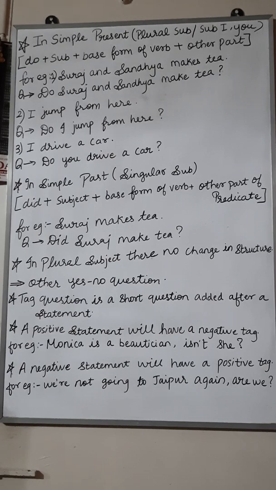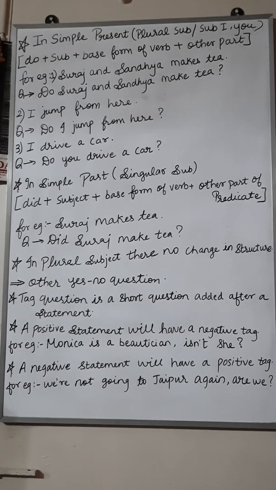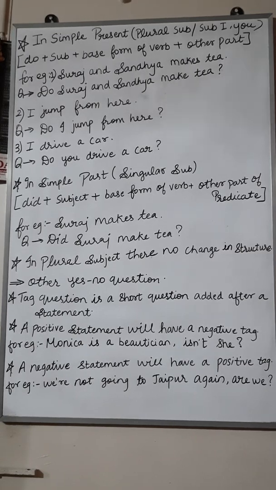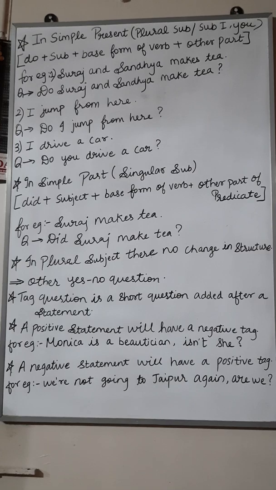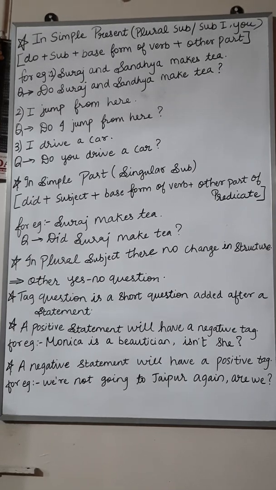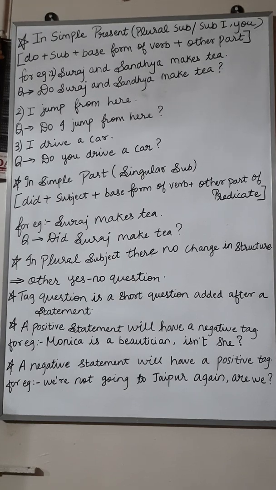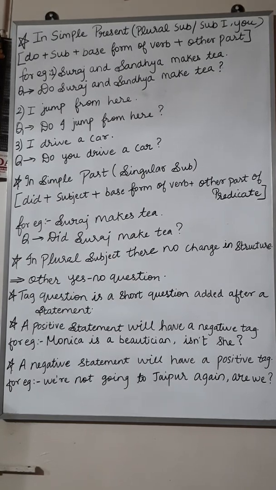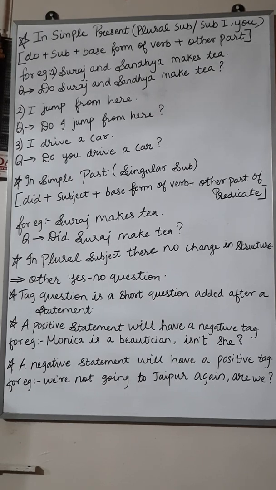This is simple past, so before the subject you have to use the word "did" to make it a question. So, "Did Suraj make tea?" In a plural subject there is no change in structure. It will remain the same.